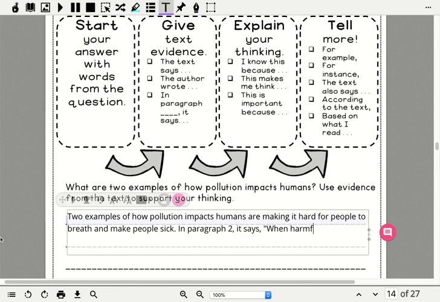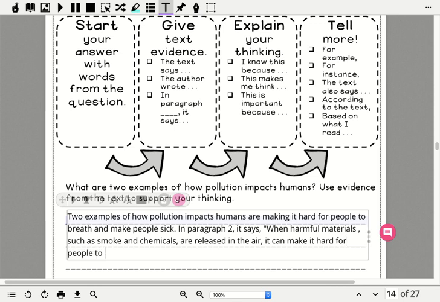When harmful materials such as smoke and chemicals are released in the air, it can make it hard for people to breathe.